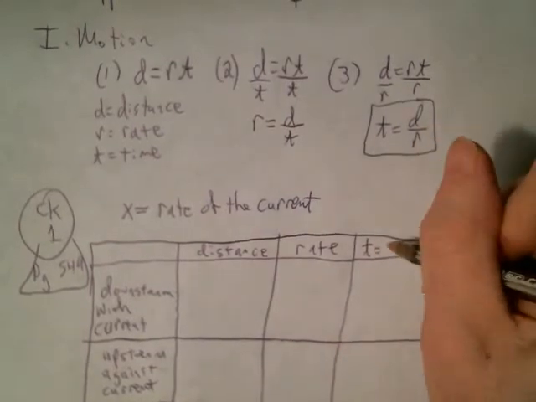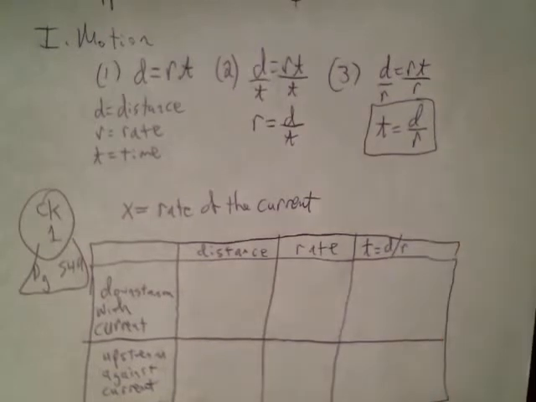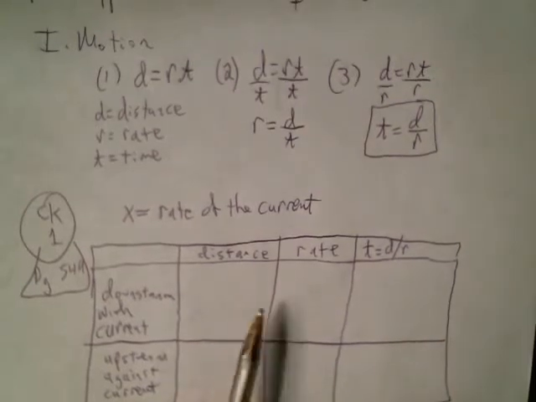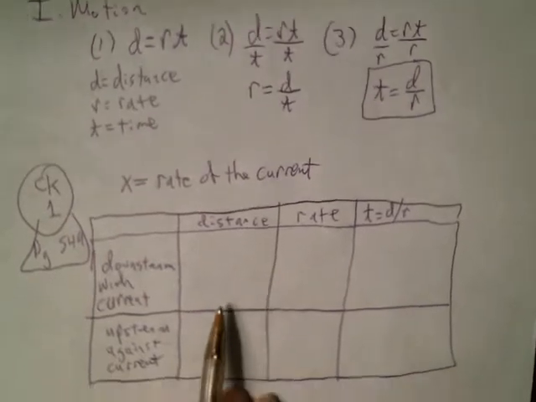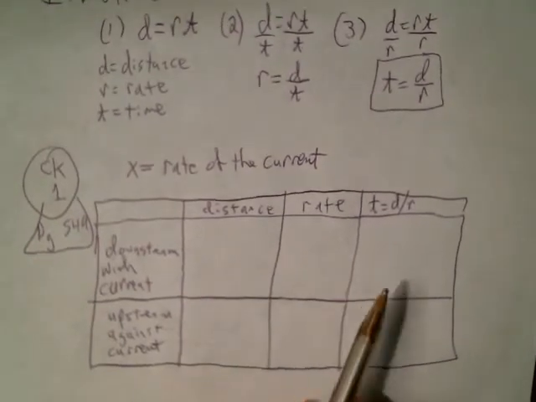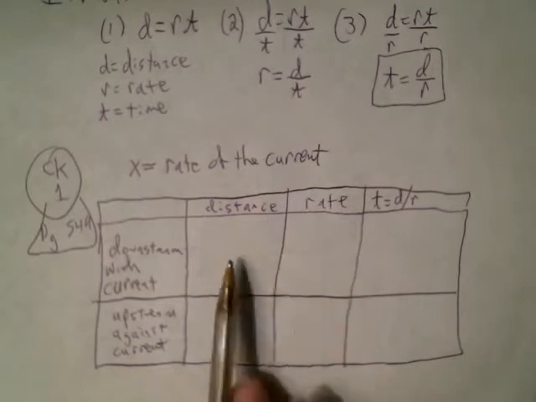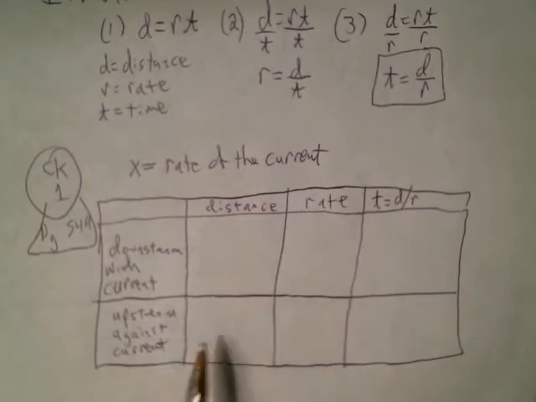It's not a bad idea to remind you what we're doing here. We'll be able to get distance and rate, maybe in terms of x, and then we'll be able to get time using the ratio of these two. So let's go back to the story problem again and read it.